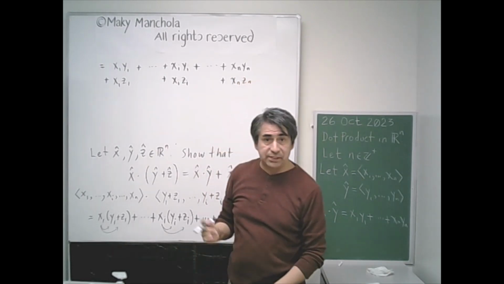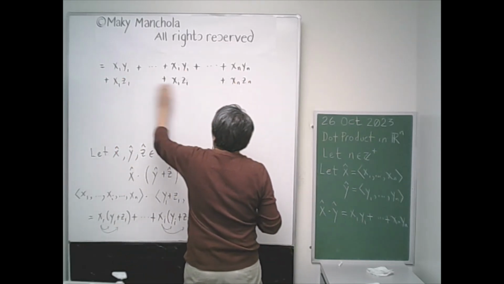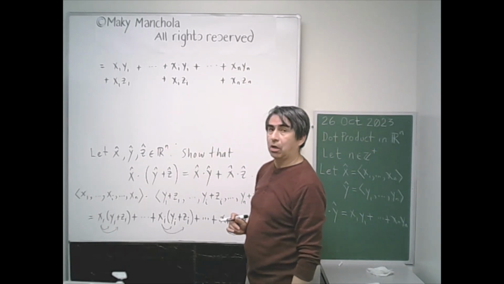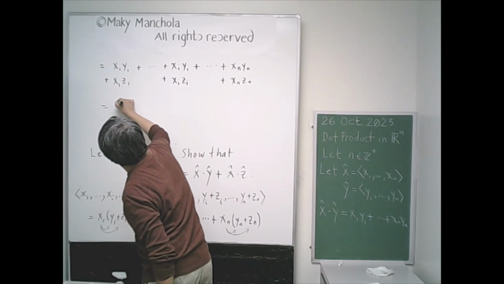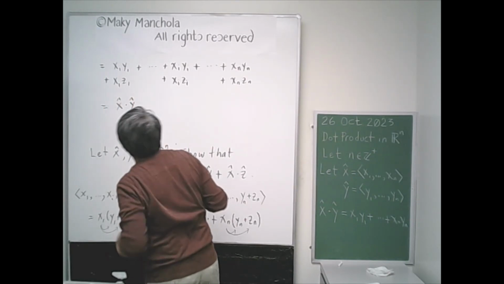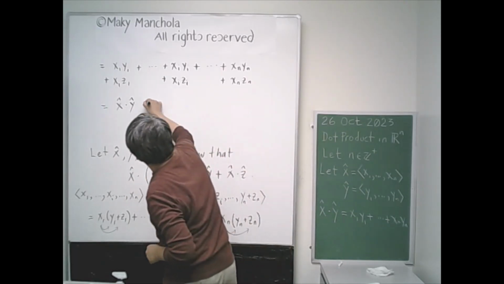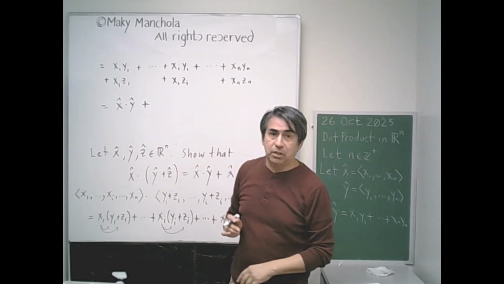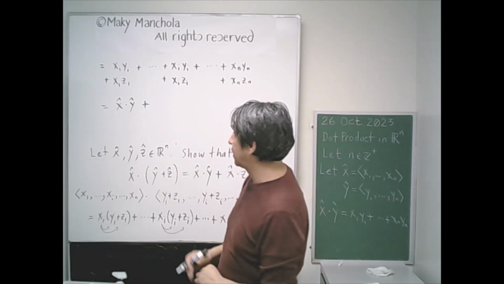At this point, we step back and look at each of these rows and realize that the first row represents the dot product of x hat and y hat, and then plus, this is an addition of real numbers, the second row represents the dot product of x hat and z hat.